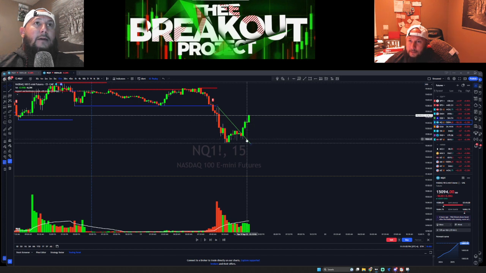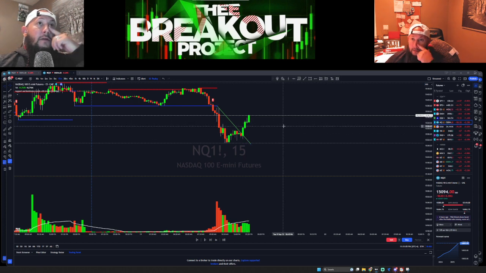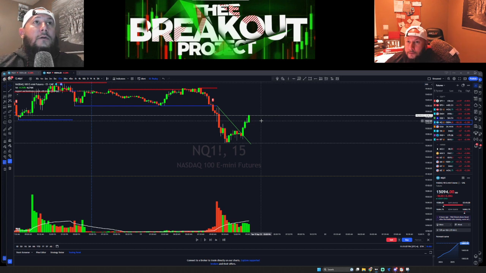Price would have gone back down and tested this trend line. But because this doji candle basically closed green, that means it opened and closed higher than what it opened. That's why it's green.